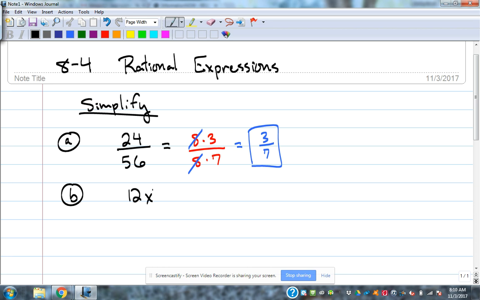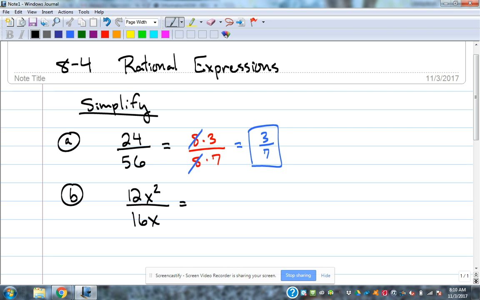So let's do one, step it up just a little bit, maybe algebra 1 level, 12x squared over 16x. And the 12 and the 16, I think we know how to do that. What goes into 12, it goes into 16. 4 goes into both of those.